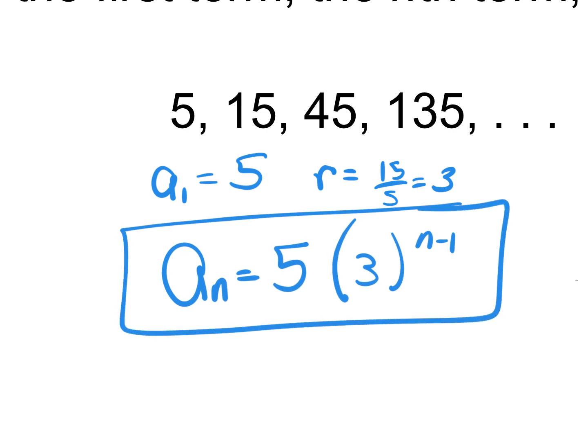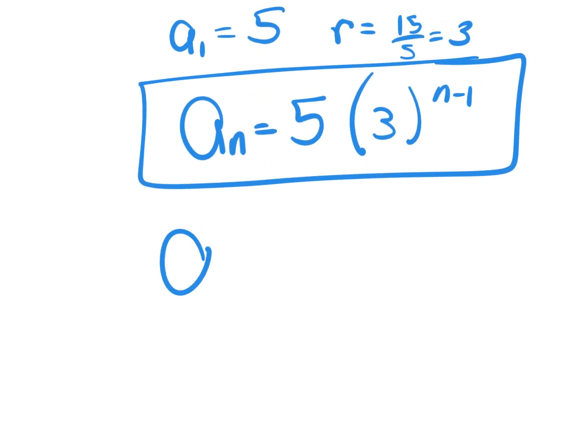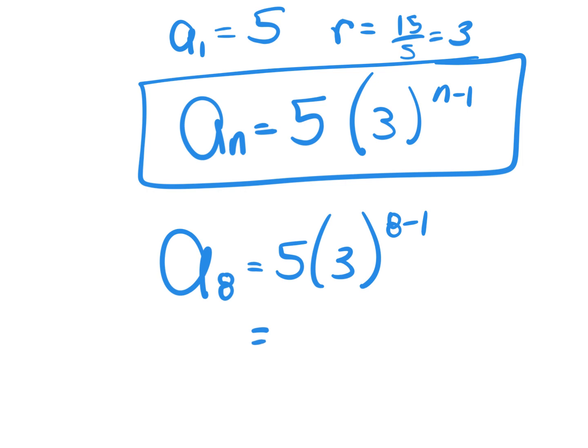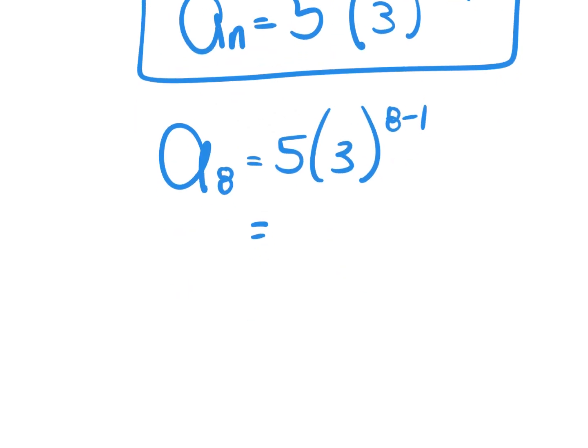Questions? Anybody? All right, so if I'm going to find the 8th term, I'm going to say 5 times 3 to the 8 minus 1. As you work this out, this is what I want to see on your web assign and on a test. I have 5 times 3 to the 7th power. Some of you are going to multiply it, say 5 times 3 is 15, and then raise that to the 7th power.